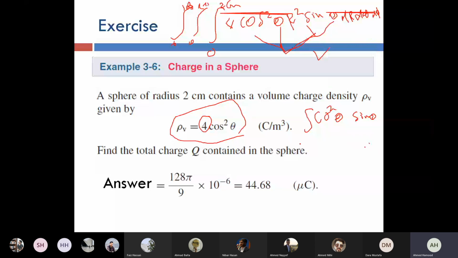So please try to solve this one at home, and I will also solve it, then we compare our answers. Use exactly the same method, and compare your answer. Is it equal to 44.68 or not?